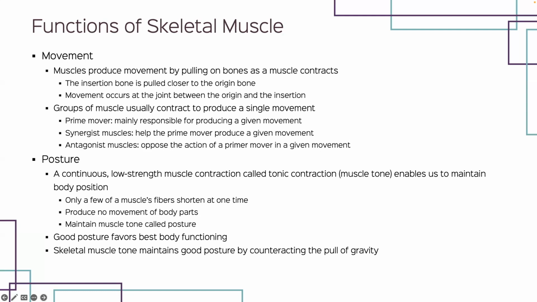Consequently, our tonic contractions will not move any body parts. They do hold muscles in position, however. In other words, our muscle tone will maintain posture, and good posture means that the body parts are held in positions that best favor function. These positions will balance the distribution of weight and therefore put the least strain on muscles, tendons, ligaments, and bones.